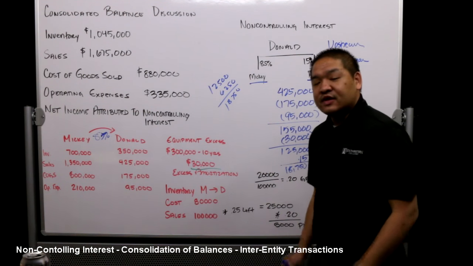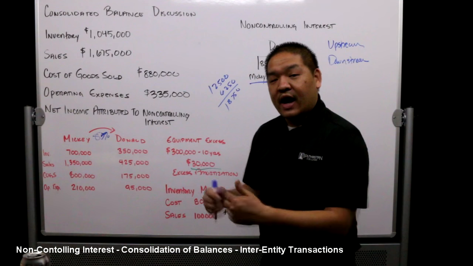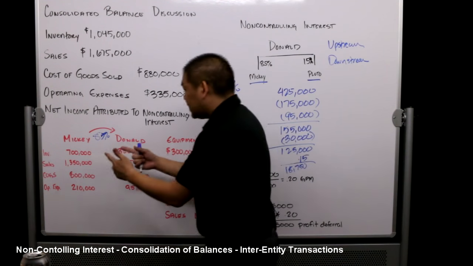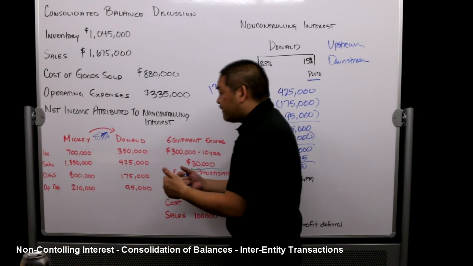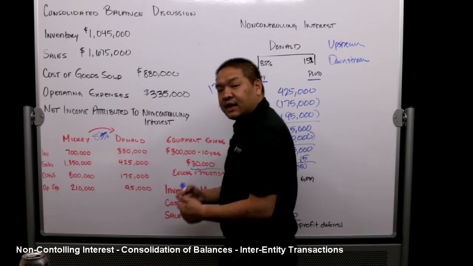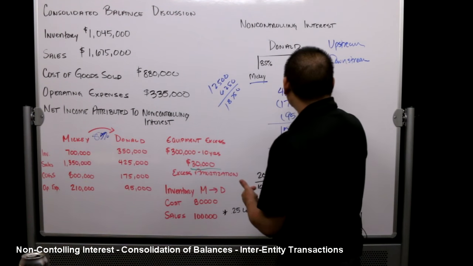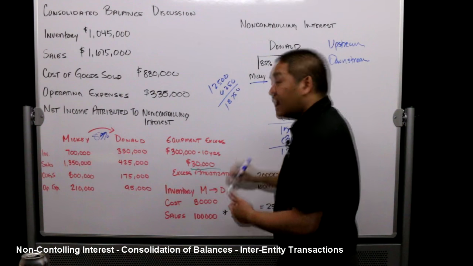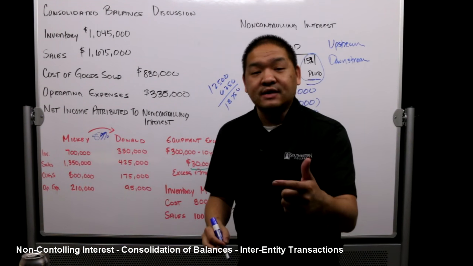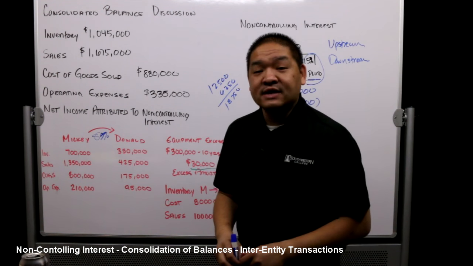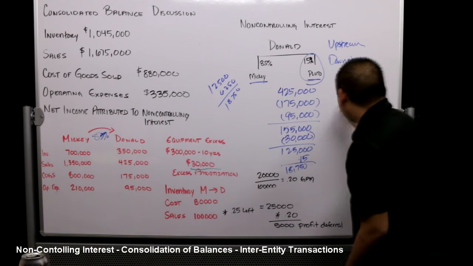But let's assume this is upstream. And with upstream, we're saying we're going from Donald to Mickey. Donald has to defer the $5,000, but guess what? Because Donald has some other owners, Pluto, it's as if they also need to defer the $5,000. And if they have to defer the $5,000, we also need to subtract $5,000.